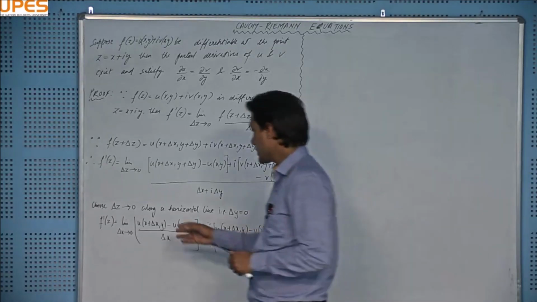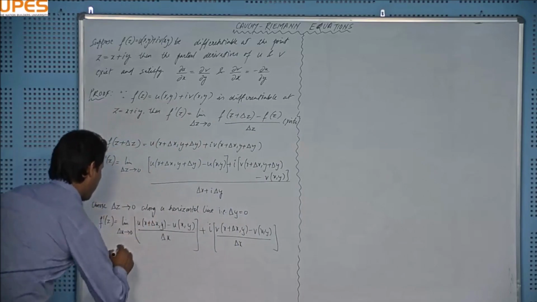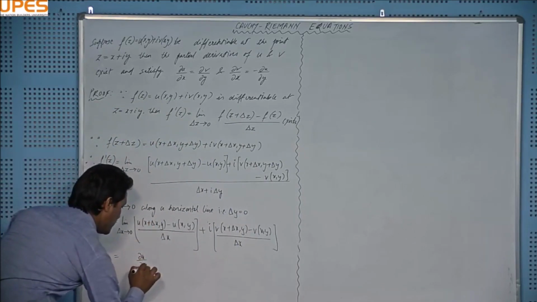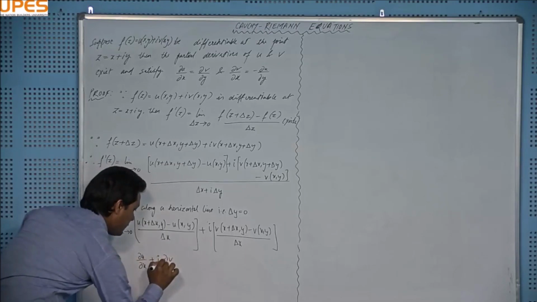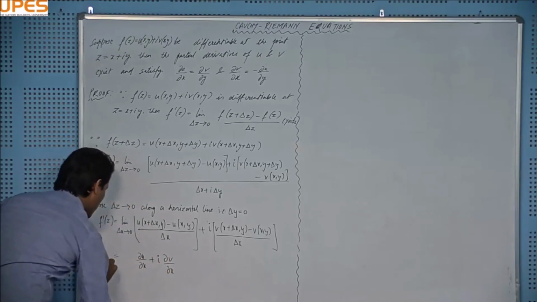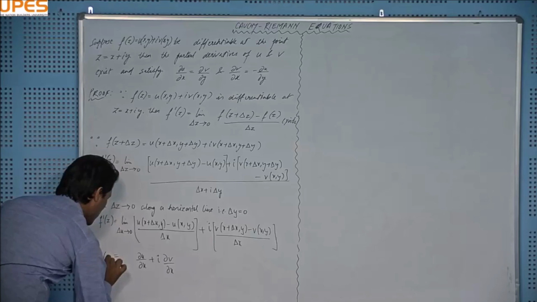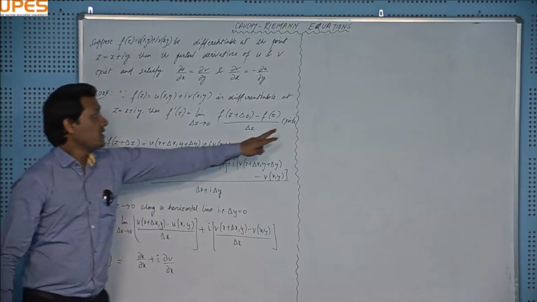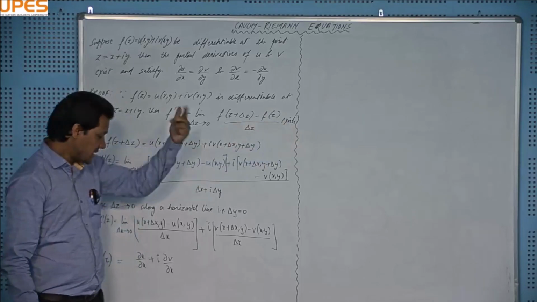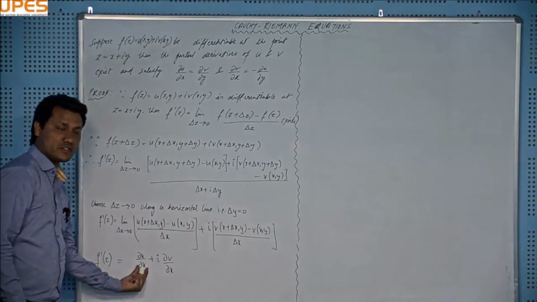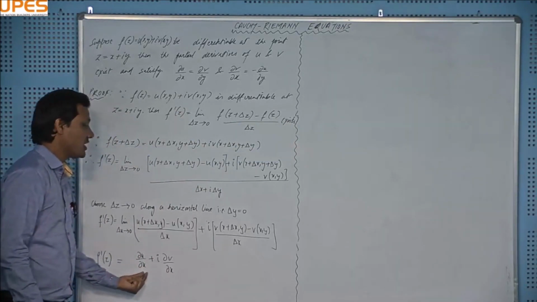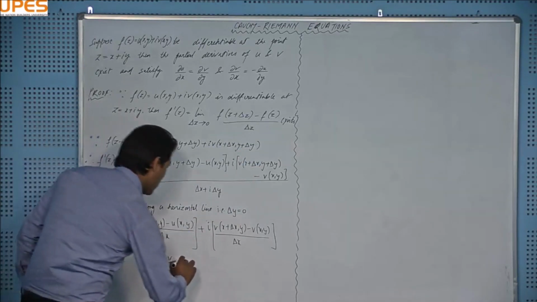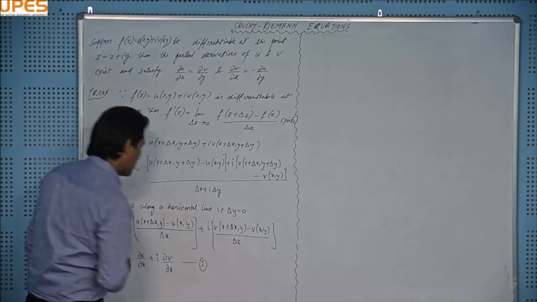So ultimately it will become del u over del x plus iota del v over del x. This is f dash z. And since this limit exists, it indicates that both these partial derivatives exist. This is my equation number 1.